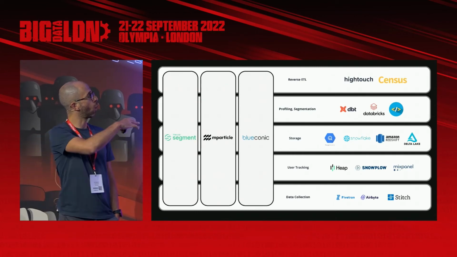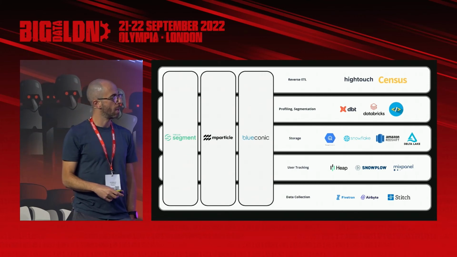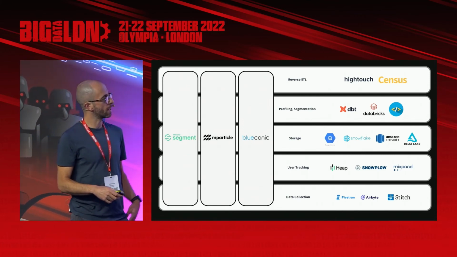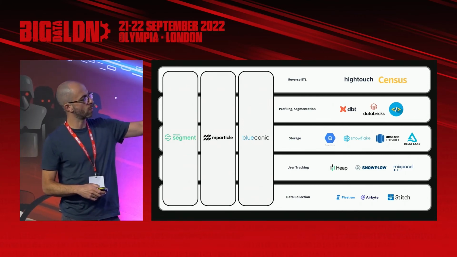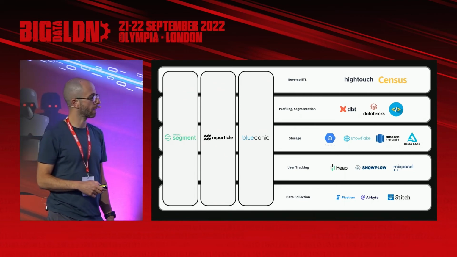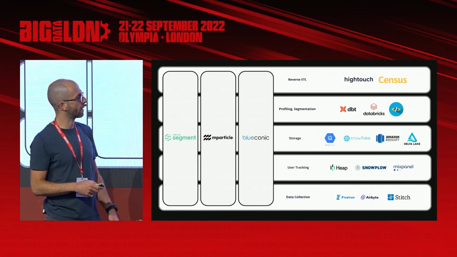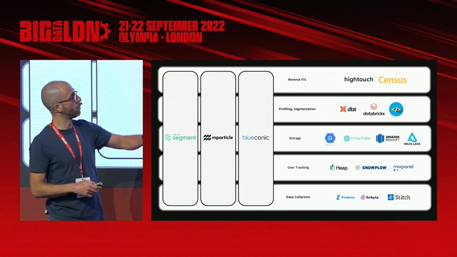So in CDP, you've got the monolithic vendors, your Segments, your mParticles, and your BlueConics. But increasingly, what you're seeing is companies that are going with a different vendor for each different part of the stack. And in Auto Trader's case, they used Fivetran for data collection. They used Snowplow for user tracking.